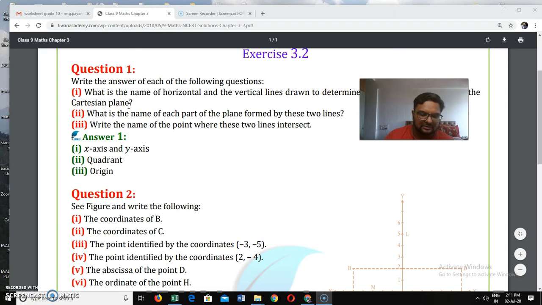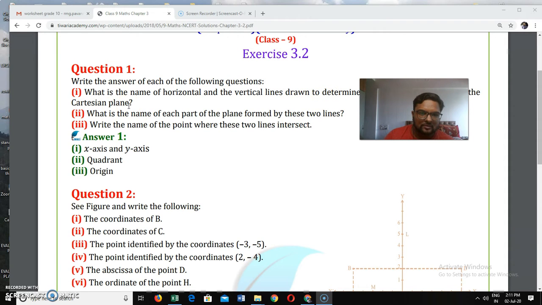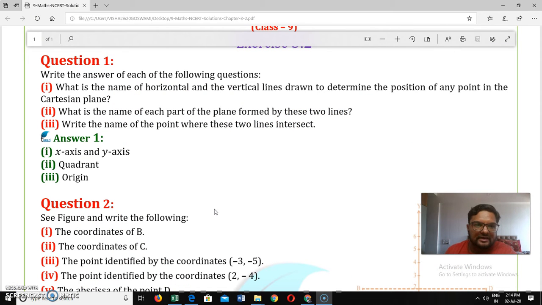Whenever we talk about the Cartesian plane, we must understand that we are dealing with the graph paper. So it would be the x-axis and the y-axis.